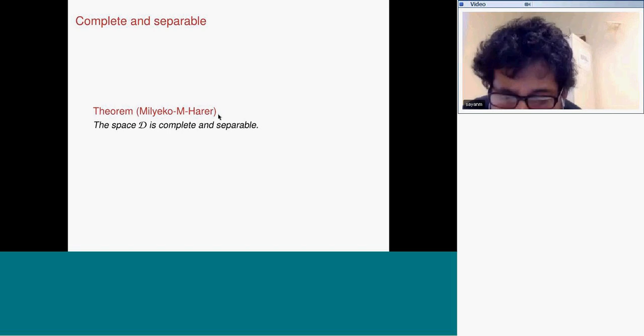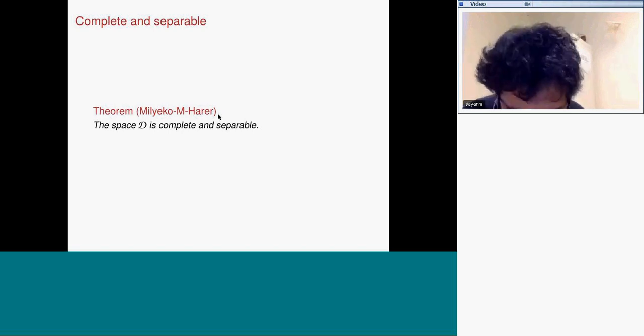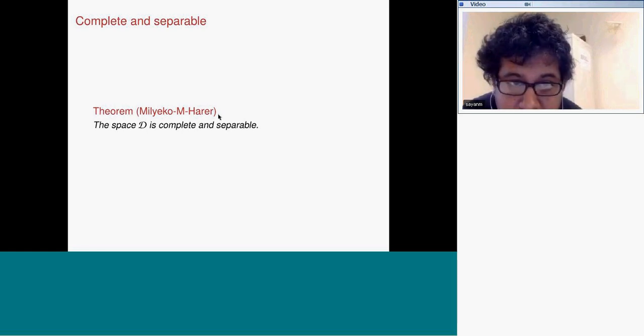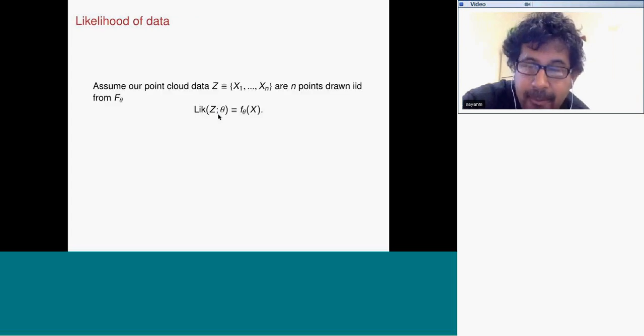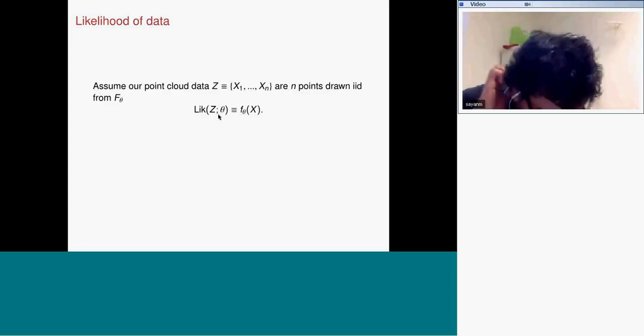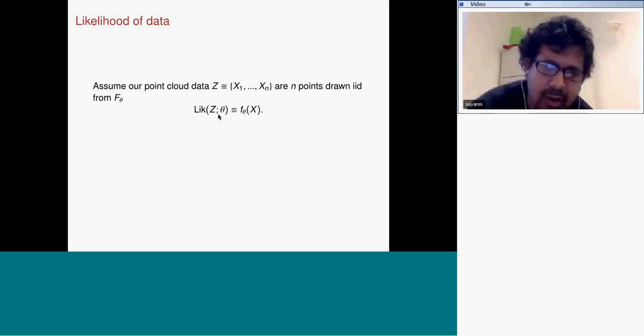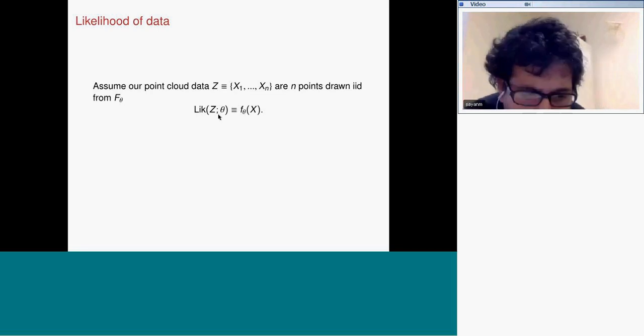The classic thing you learn in probability with measure theory is that if something is a Polish space, you can start doing probability theory with it. For something to be a Polish space, it needs to be complete and separable, and this happens to be true. So that's good.